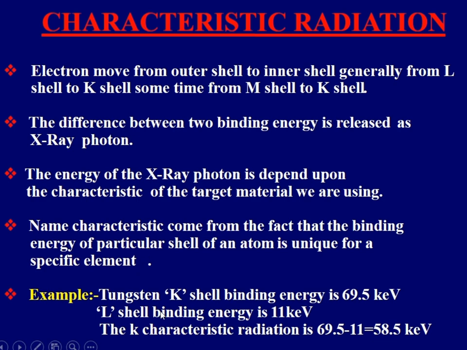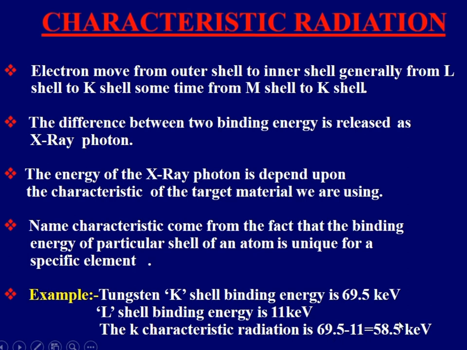Now the binding energy of different shells is different. The material is the same, tungsten. The binding energy of the K shell is 69.5 kilo electron volt, and the binding energy of the L shell is 11 kilo electron volt. Whenever there is a transition from the K shell to the L shell, a photon will be released in the form of X-rays.